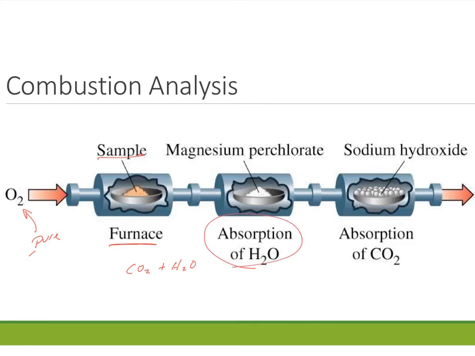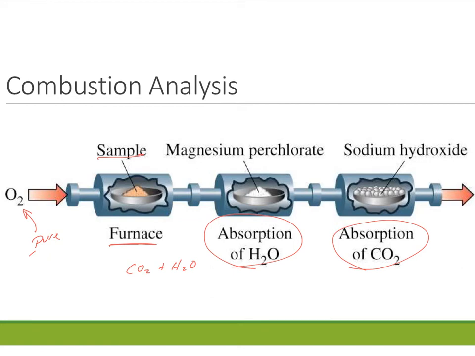We have a water scrubber made of magnesium perchlorate and a CO2 scrubber made of sodium hydroxide. So coming out the end is oxygen, and if there were any other molecules, they would also exit the end here.